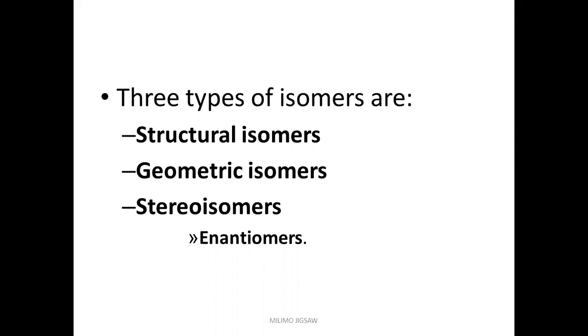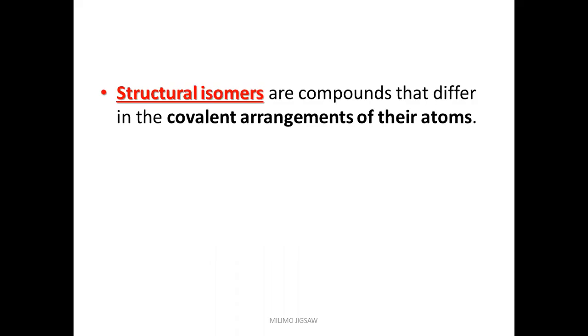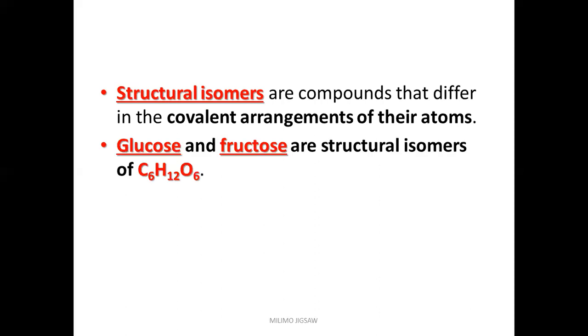Now when we look at structural isomers, they are compounds that differ in the covalent arrangement of their atoms. An example of structural isomers is glucose and fructose.